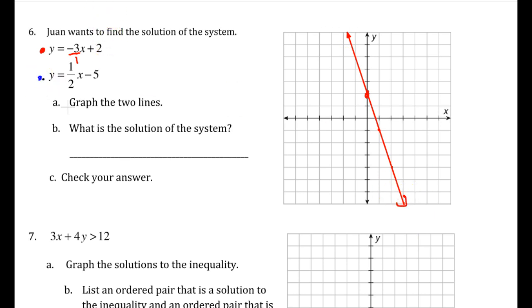And start at 5. 1, 2, 3, 4, 5. Up 1 over 2, and you can see where they intersect.